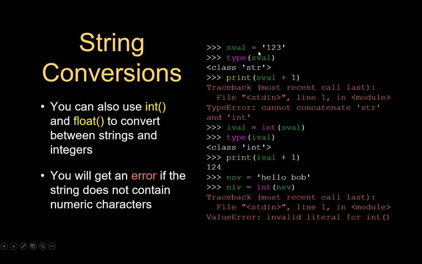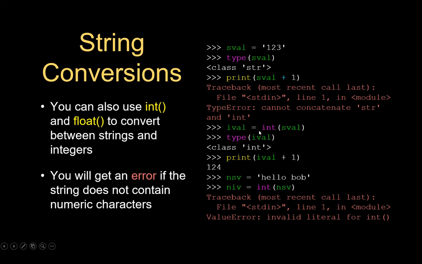We assign the string, because it is within quotation marks, and Python treats it as a string. So when we do the type of this, it comes back as a string. When we try to add digit 1 to this string, we get a traceback because it cannot concatenate a string and an integer.